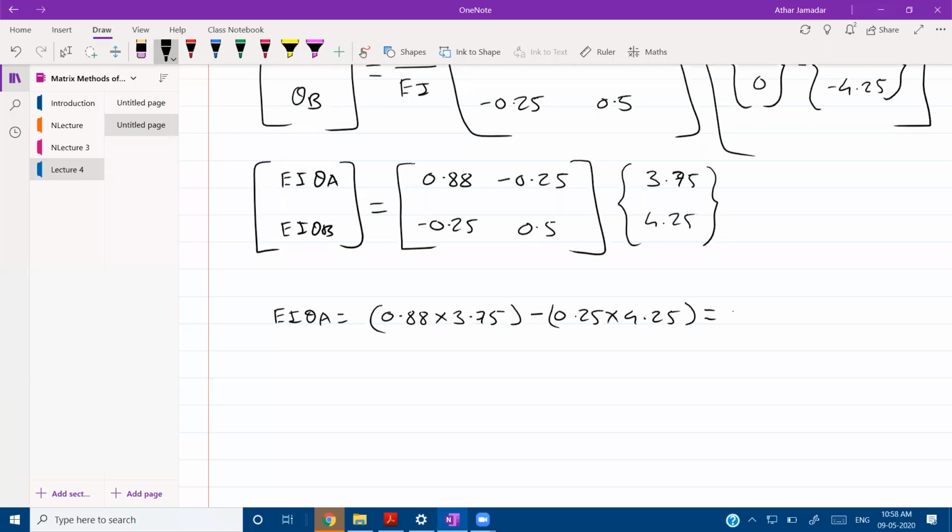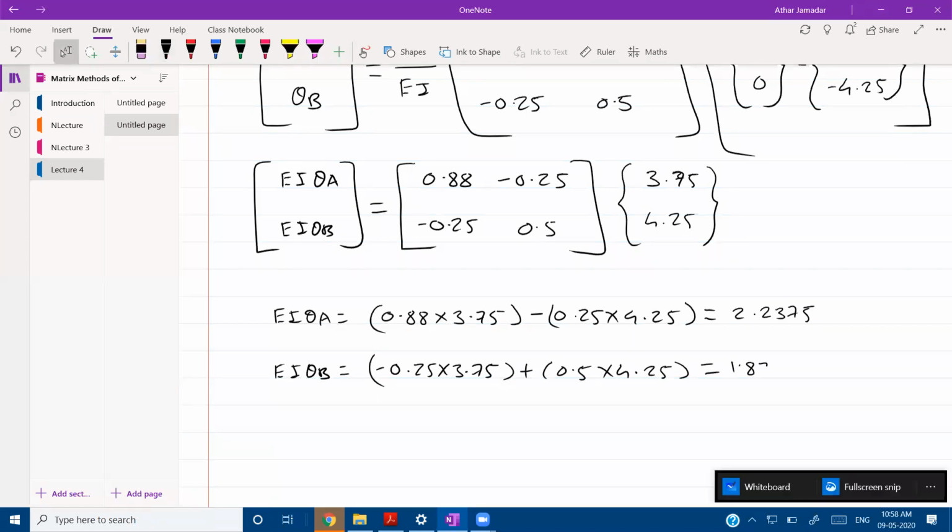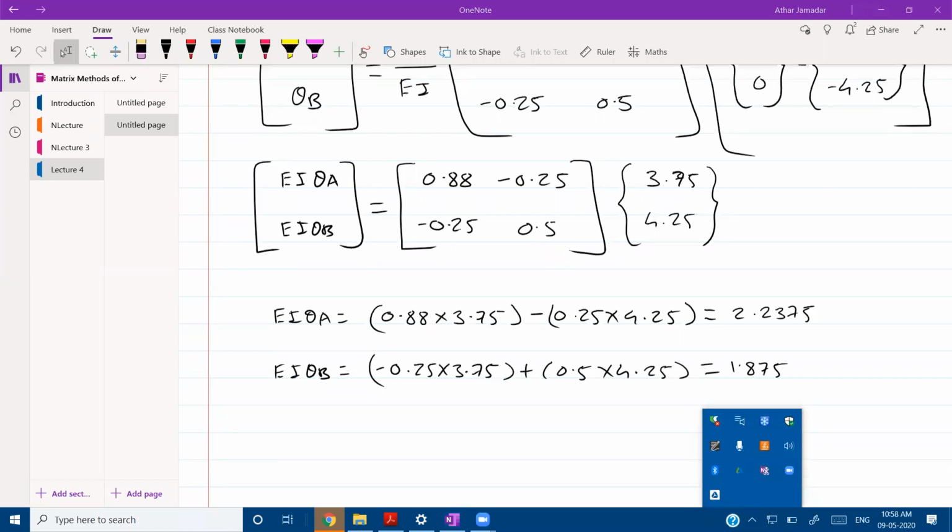This is going to be 2.2375, and EI theta B is minus 0.25 into 3.75 plus 0.5 into 4.25, and this value is going to be 1.875. These are nothing but matrix multiplication. Okay, so now EI theta A and EI theta B are known to us.